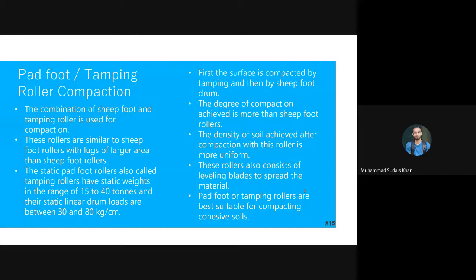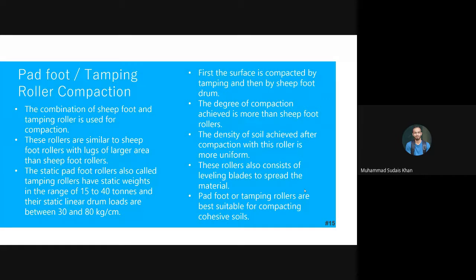The static pad foot roller is also called a tamping roller, and has a static weight in the region of 15 to 40 tons, and the static linear drum loads are between 30 to 80 kg per centimeter. So you can see it has quite a huge weight.